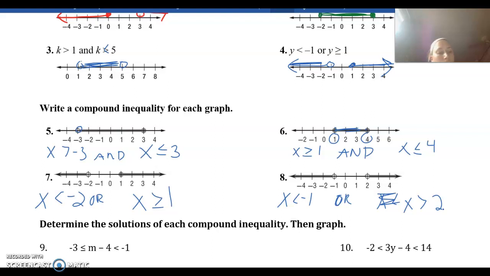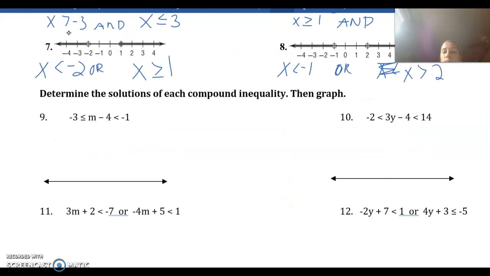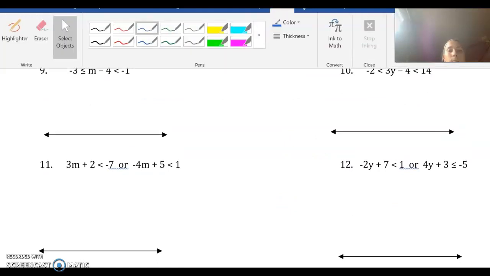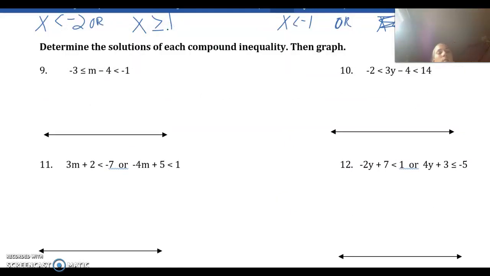So we're going to scroll down and we're going to determine the solutions by simplifying, and then we're going to graph. Go ahead and pause and rewind if you need to now. All right, for number 9, we need to get rid of this -4 that's in the middle here.